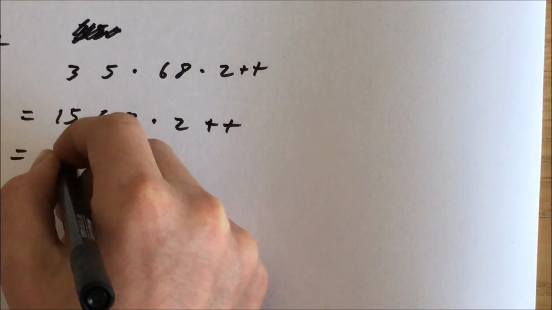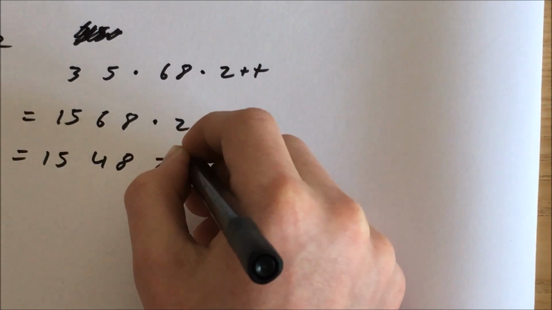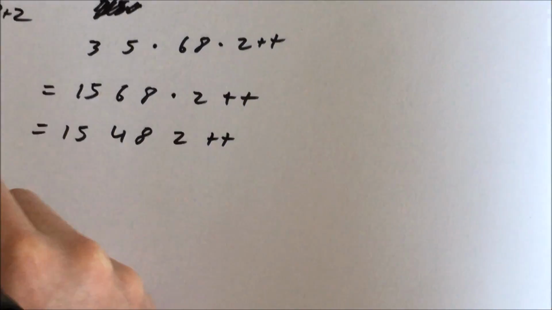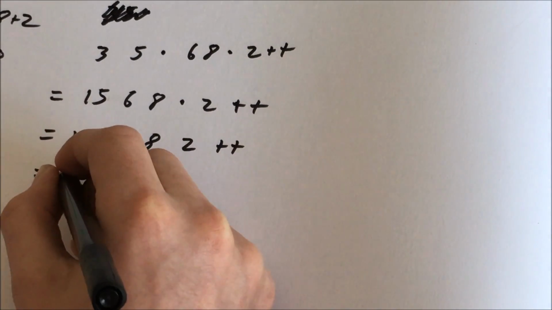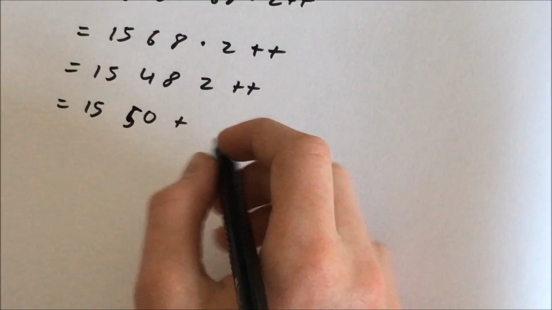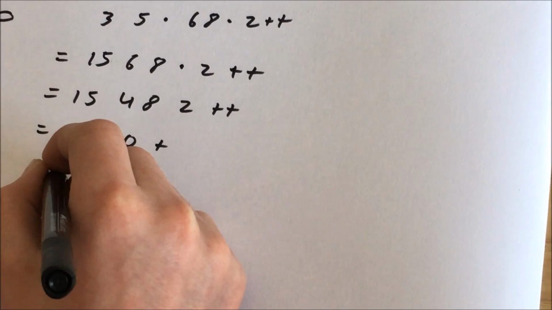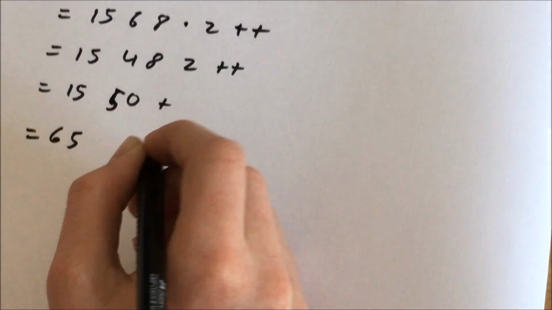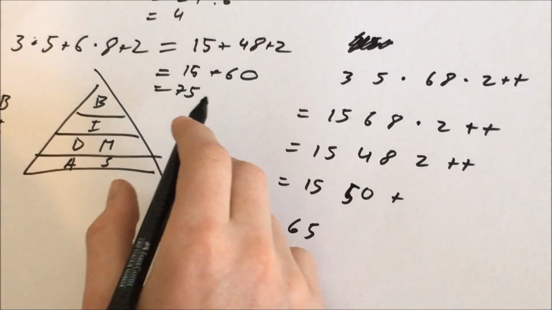So it becomes 15, 48, 2 plus plus. Now we take our first plus and add the two numbers before it. So it becomes 15, 50 plus, and then we can add those two numbers to get 65. And that's the same answer as we got before if I'd done that correctly.